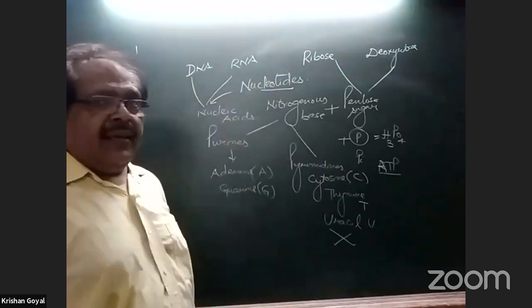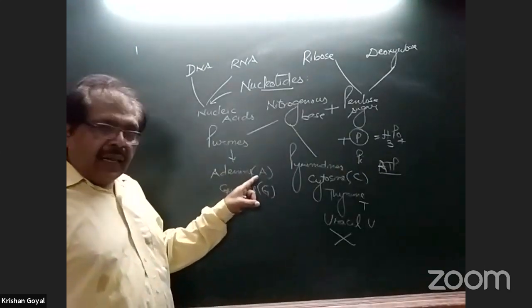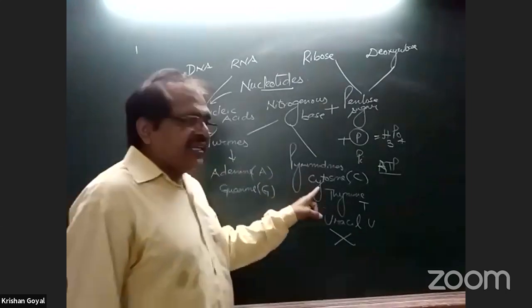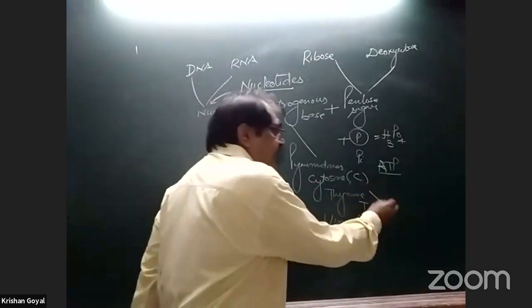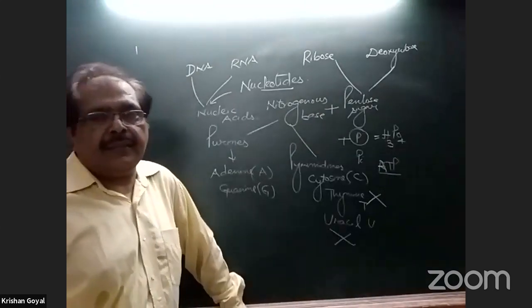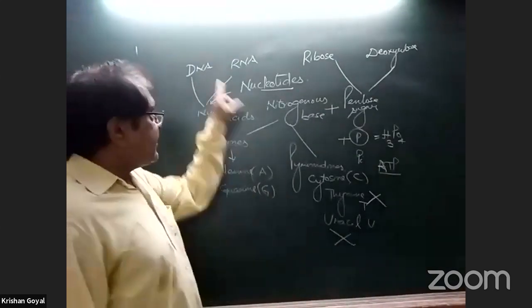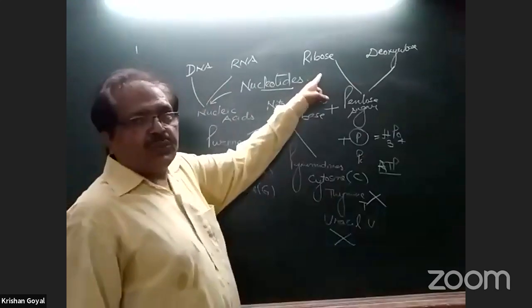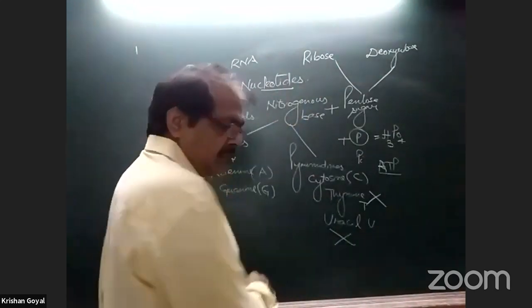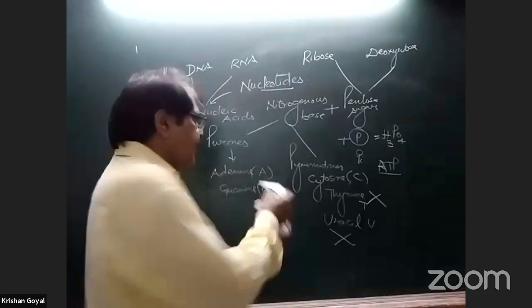In RNA, adenine is present, guanine is present, cytosine is present, but thymine is absent and uracil is present. And instead of deoxyribose sugar, ribose sugar is present. I will just write it again.